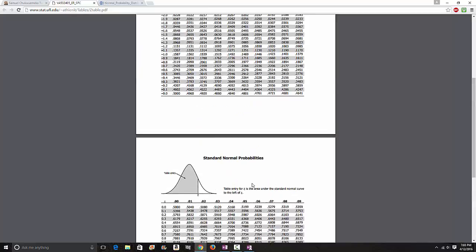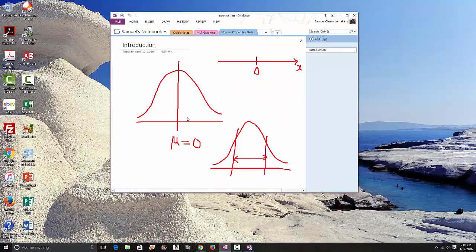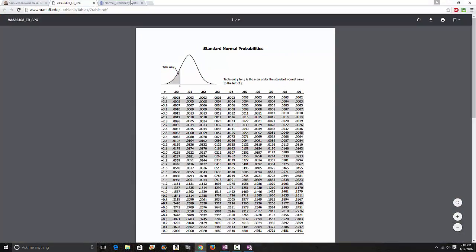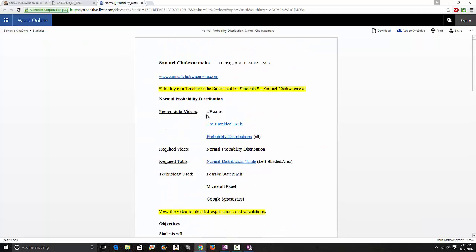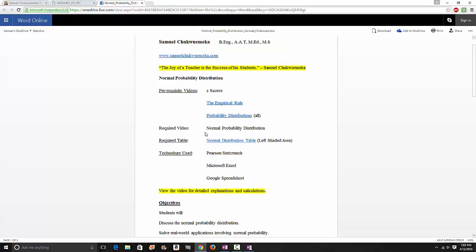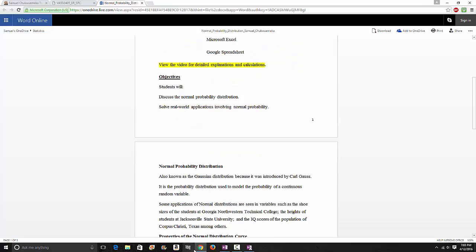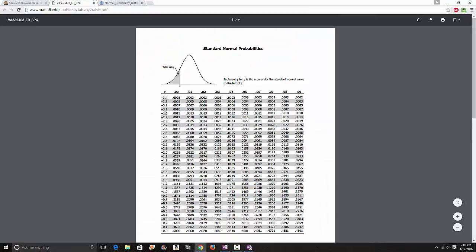Now, like we mentioned, you need to view the video on z-scores. Z-scores are rounded to 2 decimal places. In this table, the first column is the first decimal place, and the first row is the second decimal place.